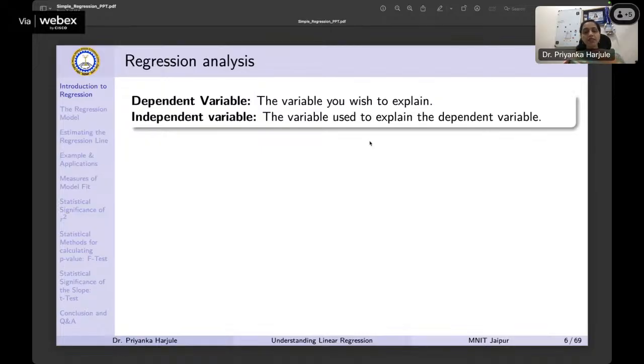So what are these variables in this entire process? The variables are dependent and independent variables. As students of maths, we clearly know what these dependent and independent variables are.